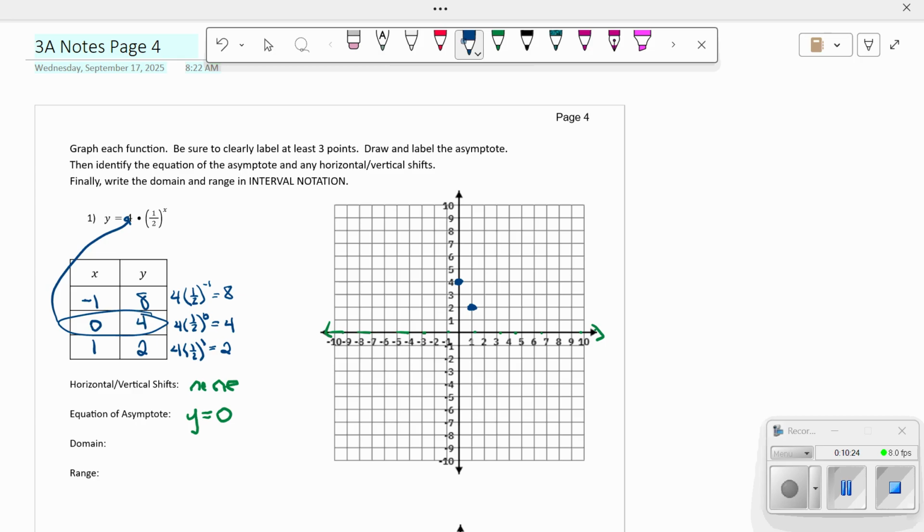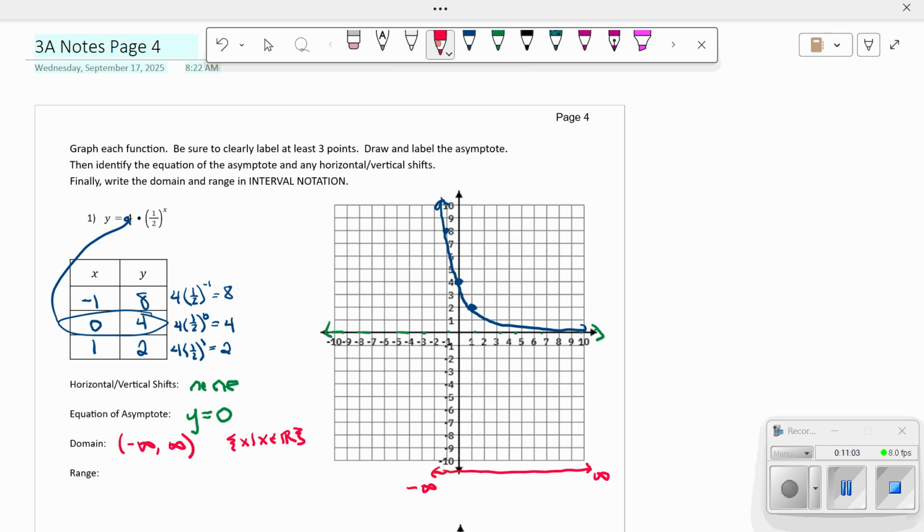And then if I take my 3 points and graph them, I do see that this is a positive a-value exponential decay. Now, my domain on this is just like we did in the previous unit. I see that this one is going back forever towards negative infinity, and it's a connected line that goes forward forever towards positive infinity. So my domain is negative infinity to positive infinity. Or if you like set notation, it's x such that x is an element of the reals.